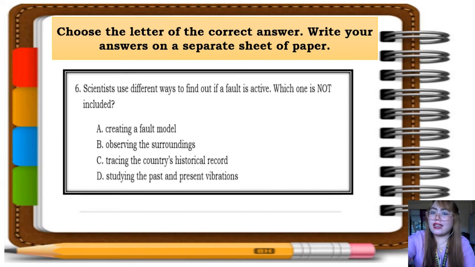Which one is not included? A. Creating a fault model, B. Observing the surroundings, C. Tracing the country's historical record, D. Studying the past and present vibrations.